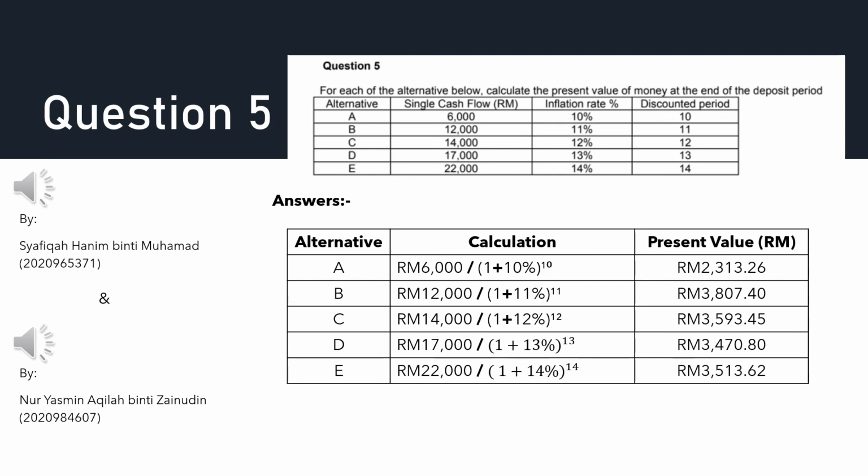And the last one, alternative E, the single cash flow is 22,000 ringgit divided by 1 plus the inflation rate of 14% to the power of the discounted period 14, and the answer is 3,513.62.